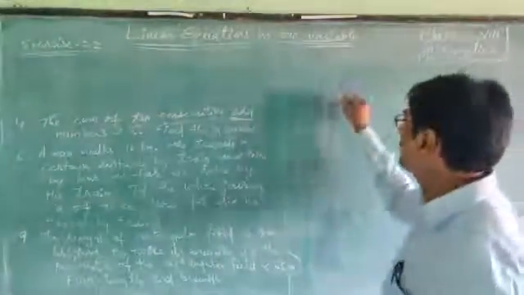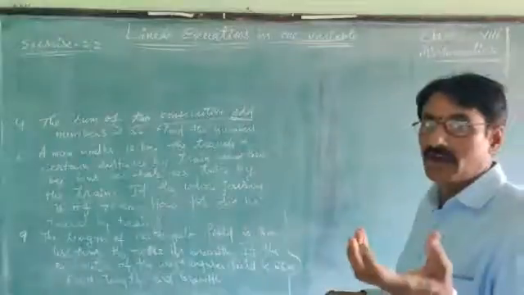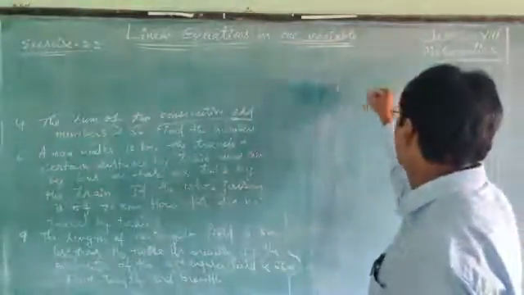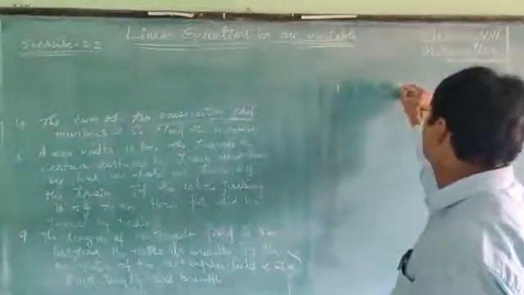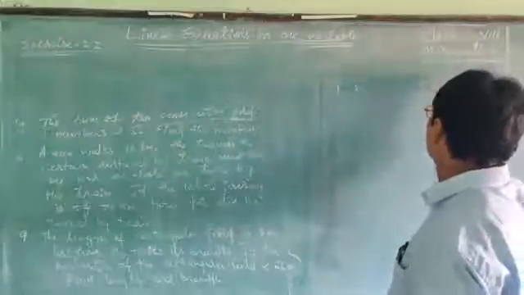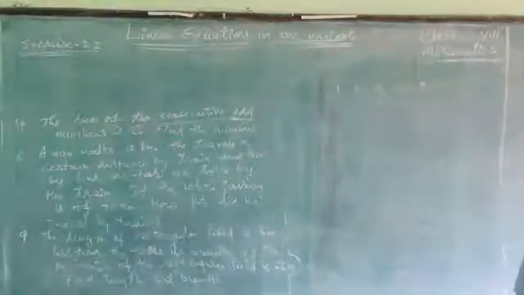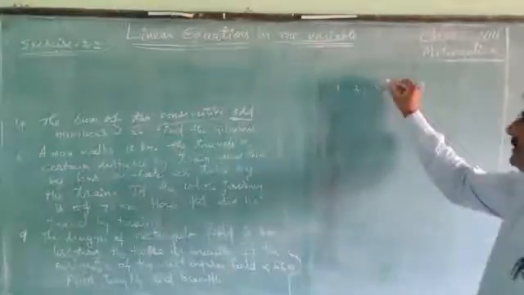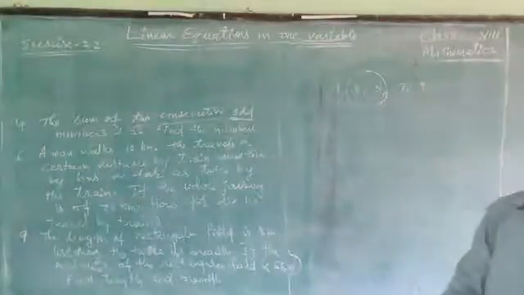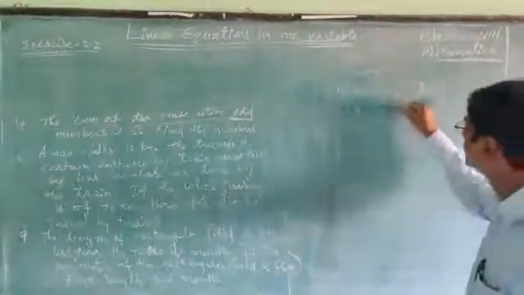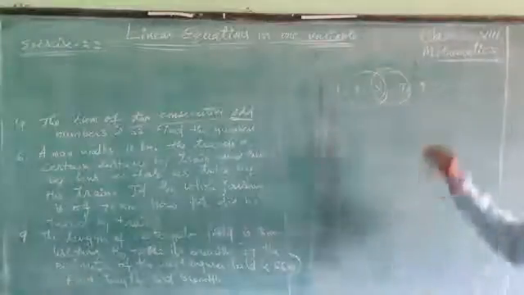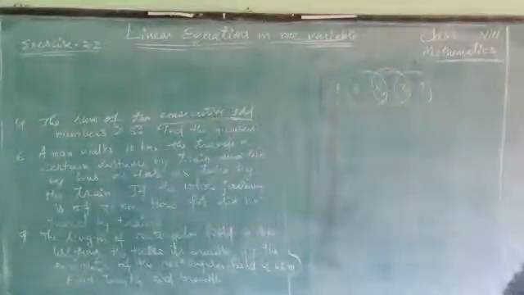For example, observe the odd natural numbers: 1, 3, 5, 7, 9. These are odd natural numbers. 3 and 5 are consecutive. 5 and 7 are consecutive. 7 and 9 are consecutive odd numbers.